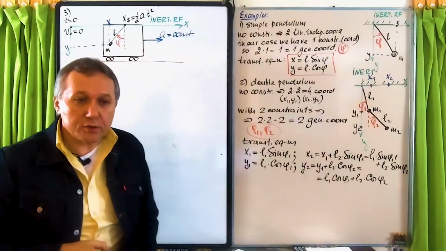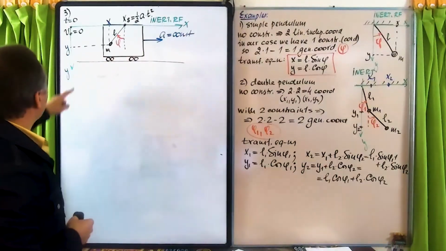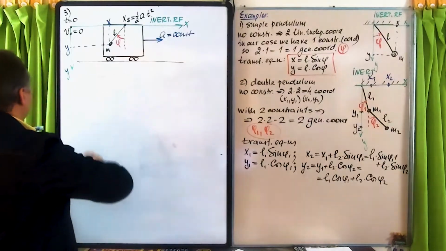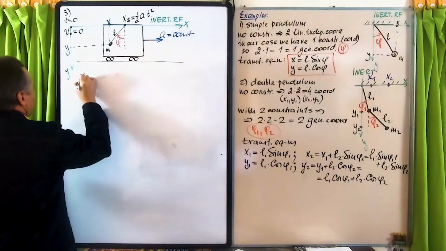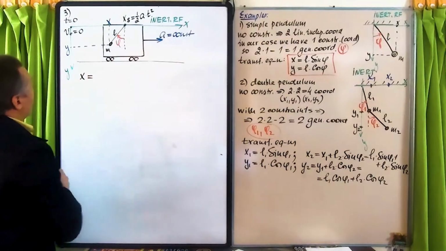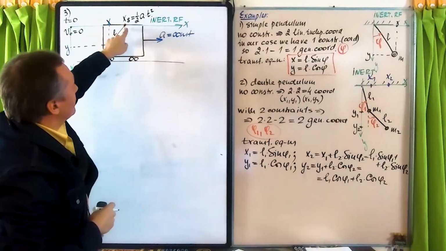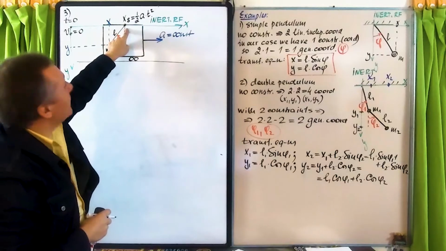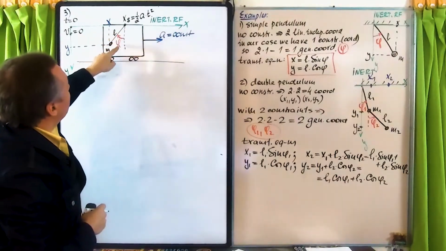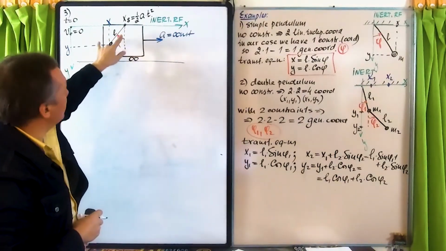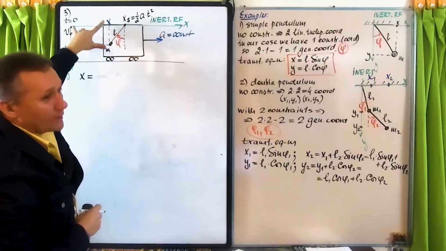Again, simple geometry. So x equals the distance from the origin to the point of suspension, x sub s, and then minus L times sine of phi. We subtract this distance in order to get this x.